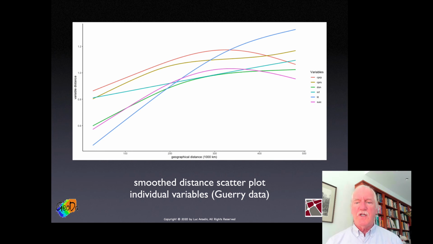And these are just 6 variables, different kinds of crimes, suicides, literacy, and so on, plotted with, on the horizontal axis, distance in kilometers, and on the vertical axis, distance in attribute space. And so the general pattern is that this increases over a range and then flattens out and might even decrease.